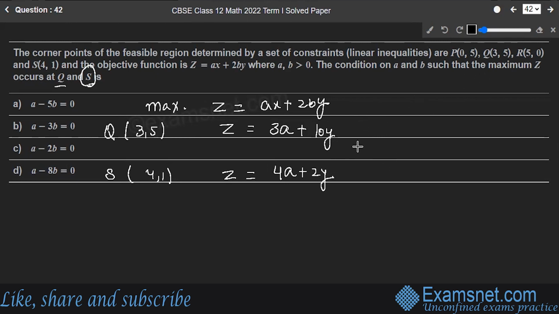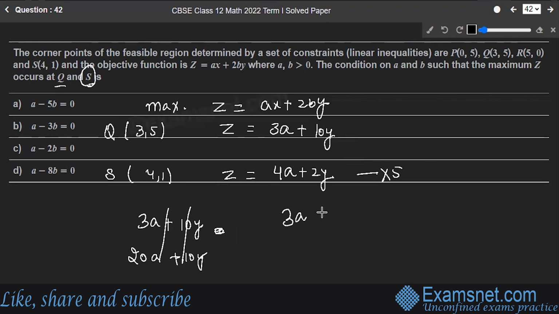What you need to find out is the relation between a and b. These are both the maximum values, right?